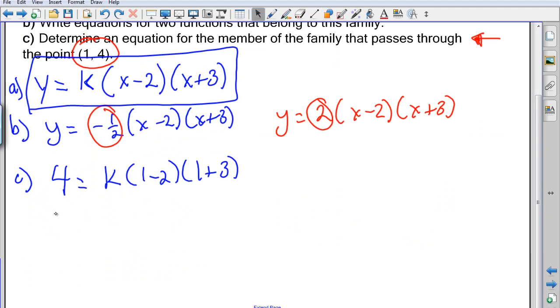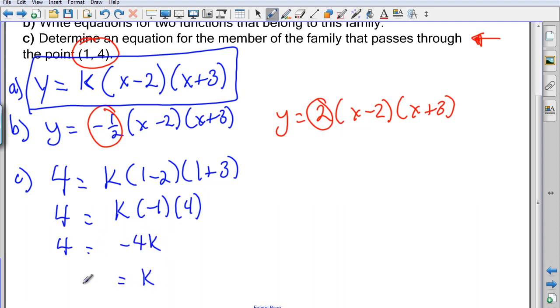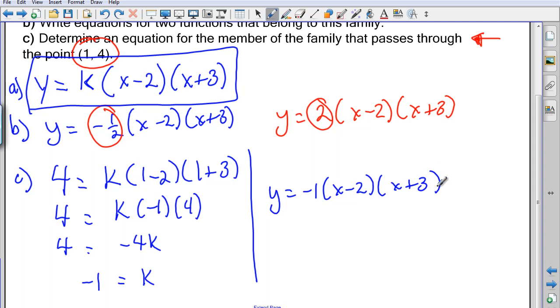And from here we can simplify. And we find out that k is equal to -1, which then allows us to write out our equation, still in factored form, but representing the family of curve that actually passes through the point 1 and 4.